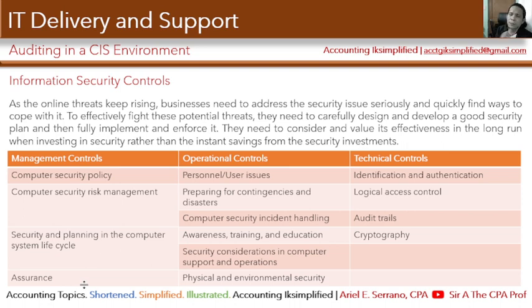Pagdating naman sa operational controls, personnel or user issues, preparing for contingencies and disasters, computer security incident handling, awareness, training, and education, security considerations in computer support and operations, and then physical and environmental security. Okay? So, that is the operational controls.